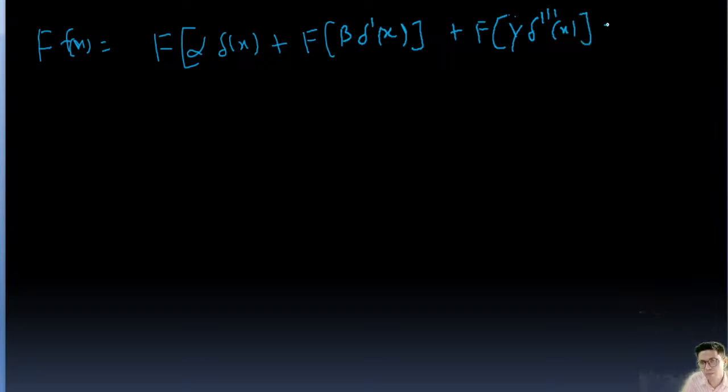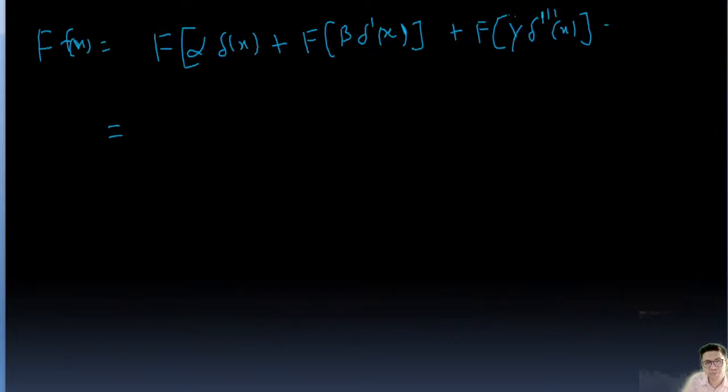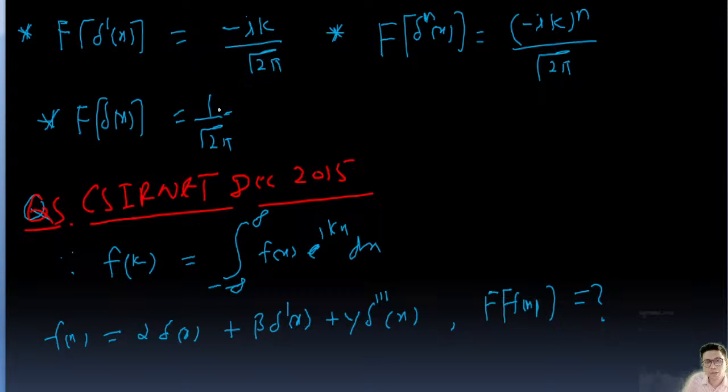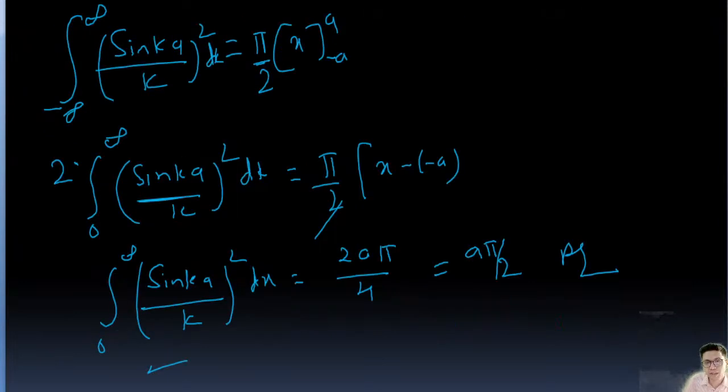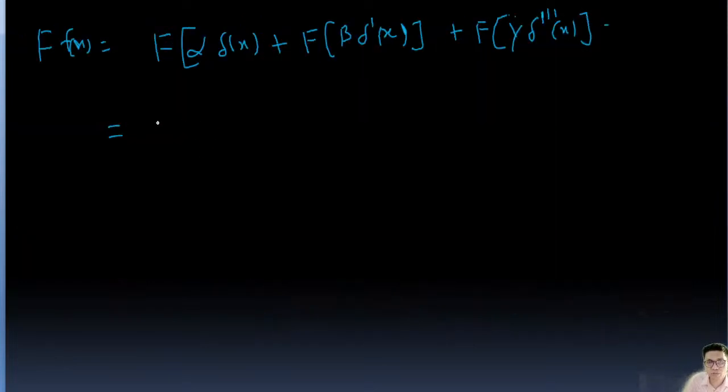The Fourier transform of delta x I have already done, right? It is 1 upon root pi, but here the definition of Fourier transform is given like this, so 1 upon root pi is not here, so this is 1. So this value is going to be alpha into 1 plus beta, and the Fourier transform of delta dash x is going to be minus iota k.